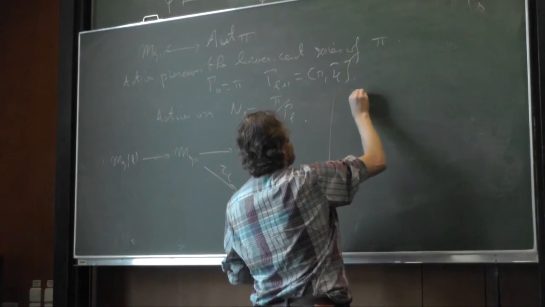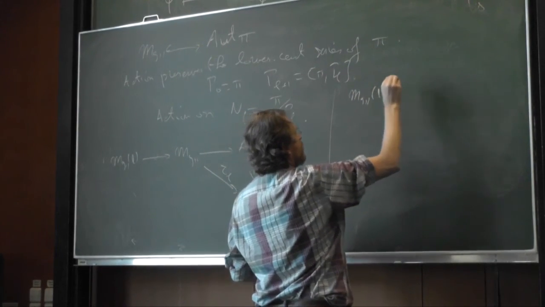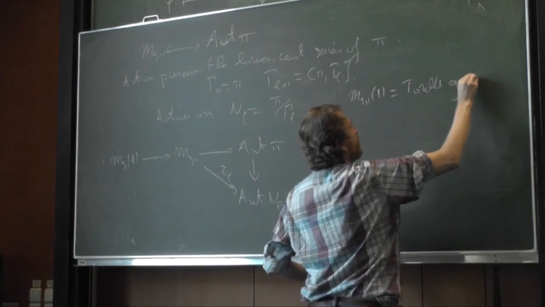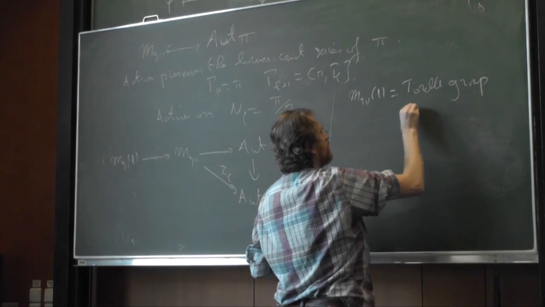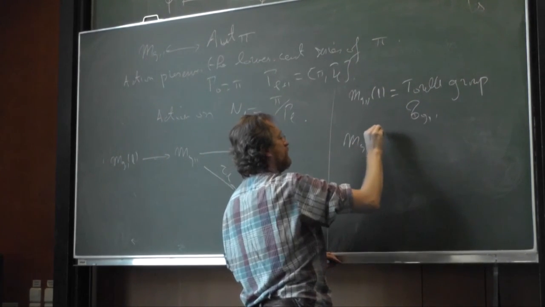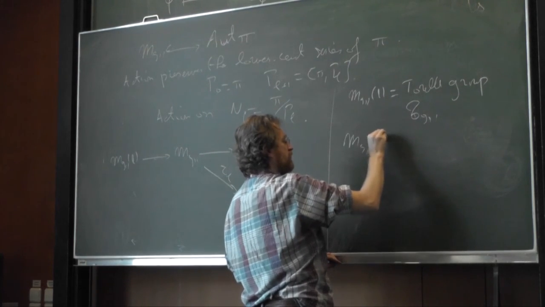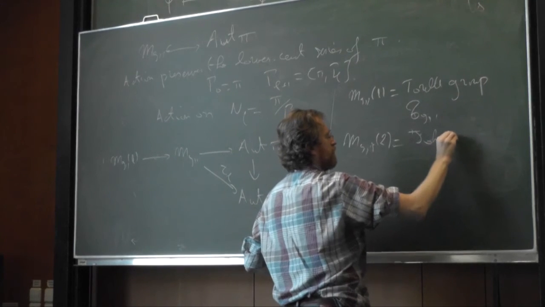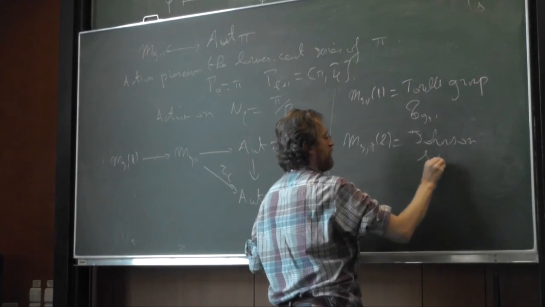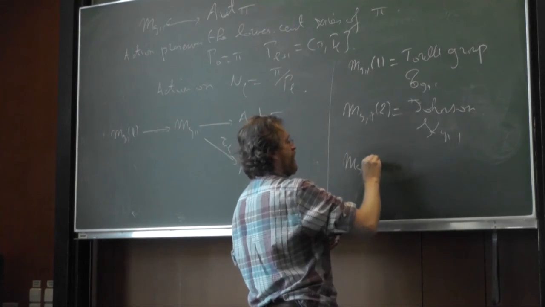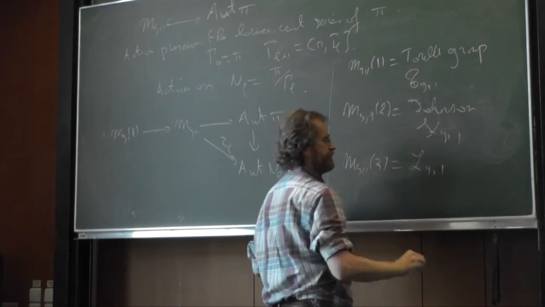So of course, MG,1,1 is the Torelli group. MG,1,2 is the Johnson subgroup, KG,1, and the next one is LG.